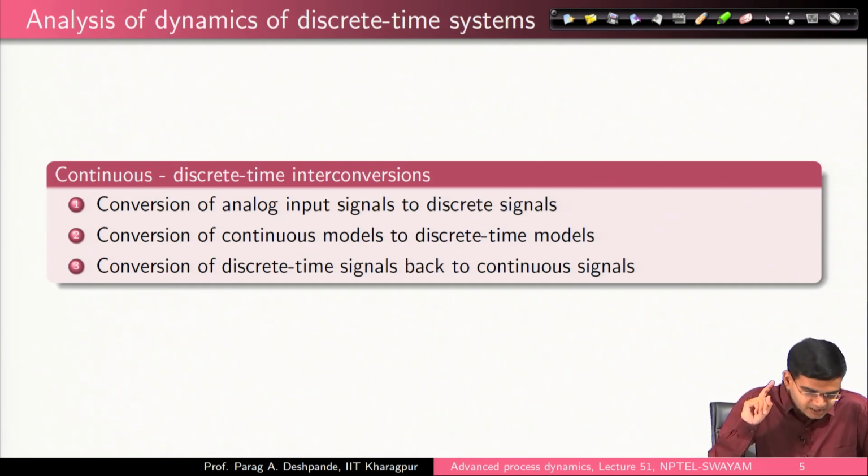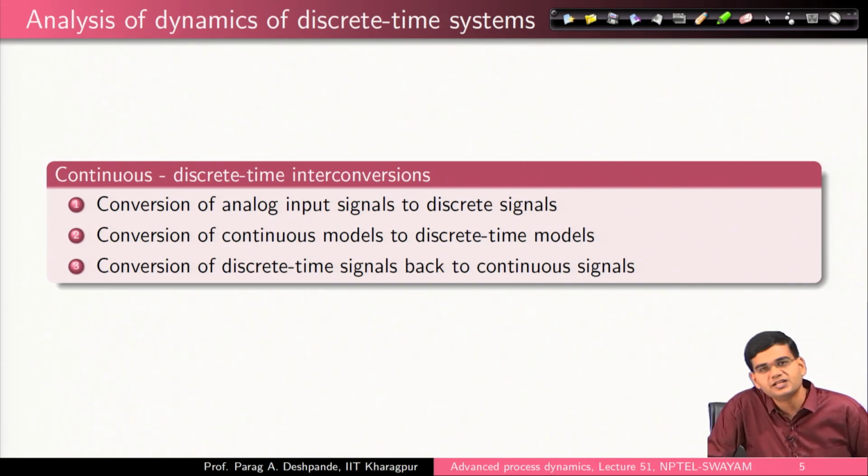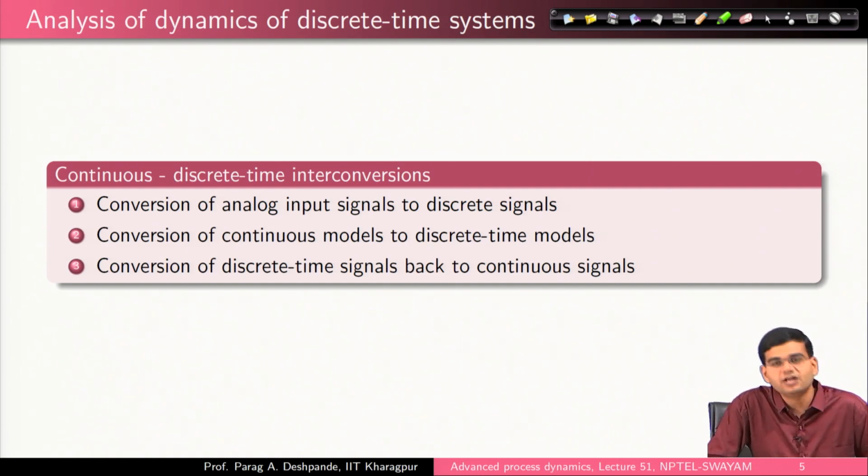The first step, conversion of analog input signals to discrete signals, and now the question is, why are we saying that it would be an analog input signal? Well, input to what? It would be input to your digital computer. Okay. So, conversion of analog inputs, analog means continuous signals.